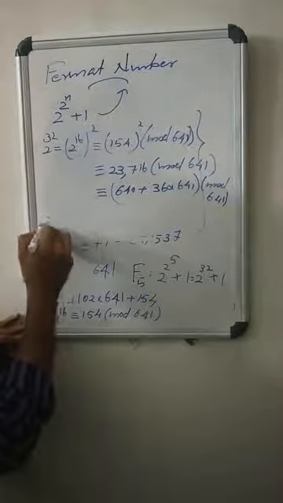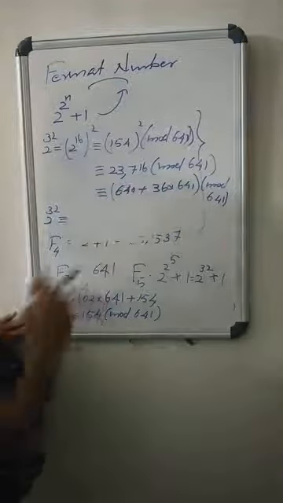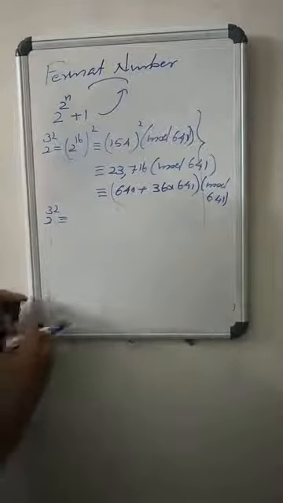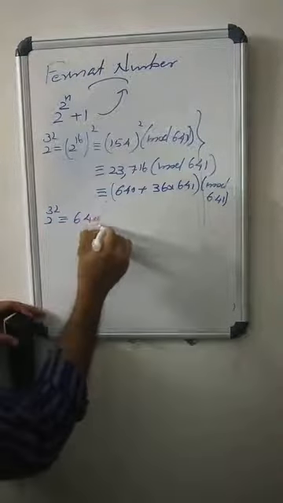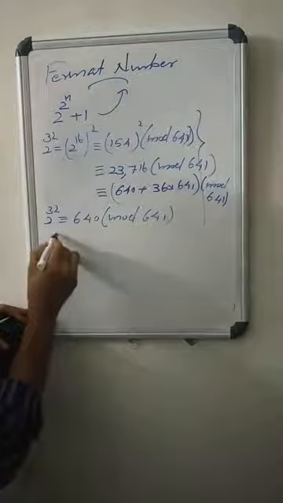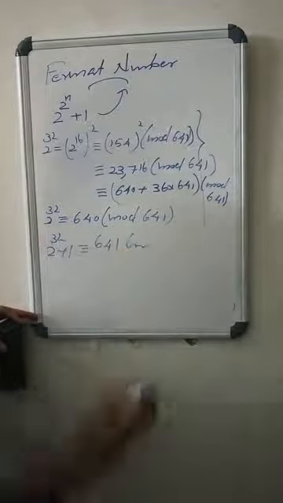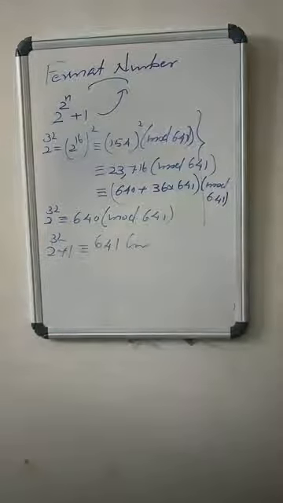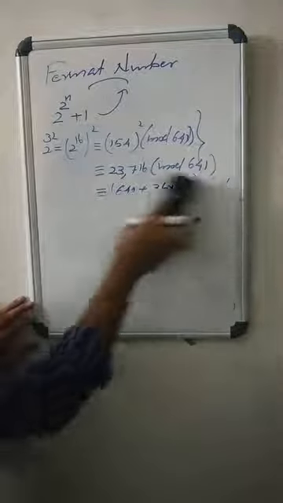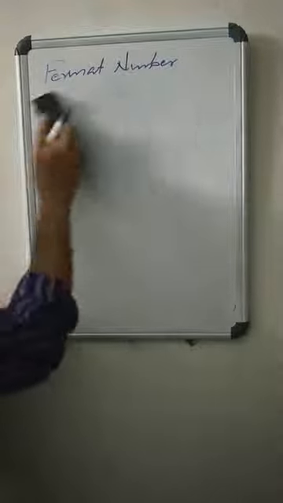That means 2 power 32 is congruent to 640 mod 641. Therefore 2 power 32 plus 1 is congruent to 641 mod 641. So 2 power 5 plus 1 is divisible by 641.